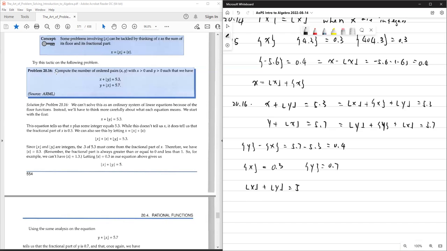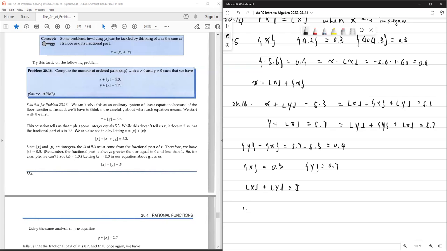So what we need to do is compute the number of ordered pairs that make this and this true. Because x and y are both greater than 0, we can start with x equals 1.3 and 2.3. Sorry, I should do it this way, writing it in pairs.